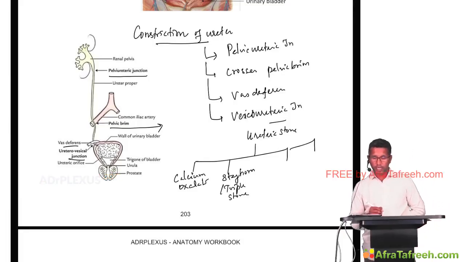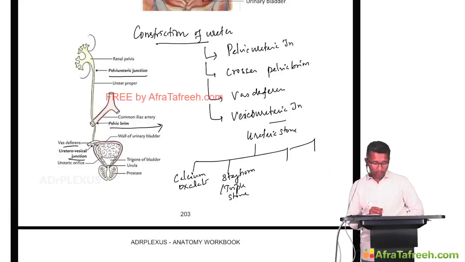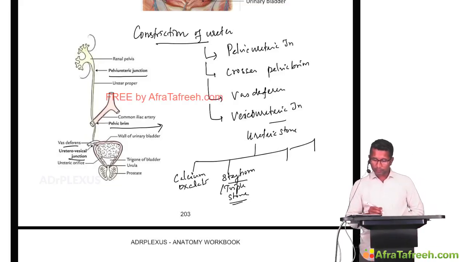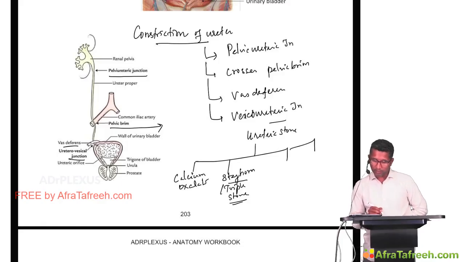Can anybody tell me what are the three minerals seen in the triple stones or stag-horn calculi? No, I am talking about stag-horn calculi, Anashwara. Yes, very good, Adira. It is magnesium, ammonium and phosphate.